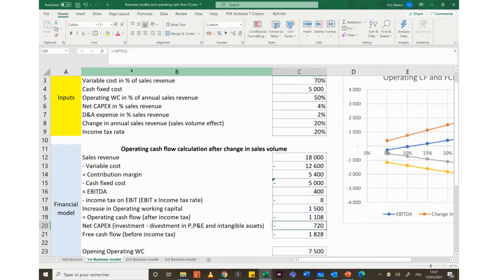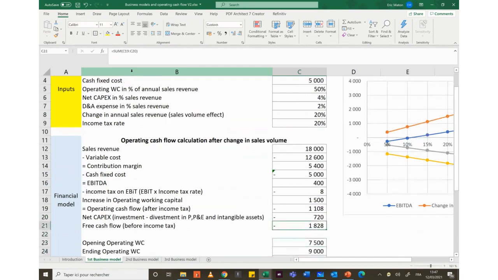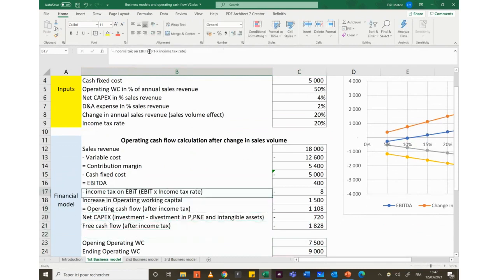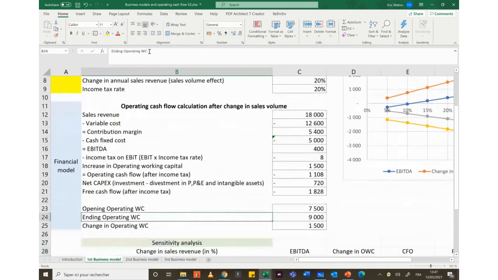Okay, we don't have a huge difference. But now we have the free cash flow after income tax. It's equivalent to what we did from the NOPAT. So we do the NOPAT and we eliminate the D&A expense. Here, we take directly the impact of the income tax on the EBIT.